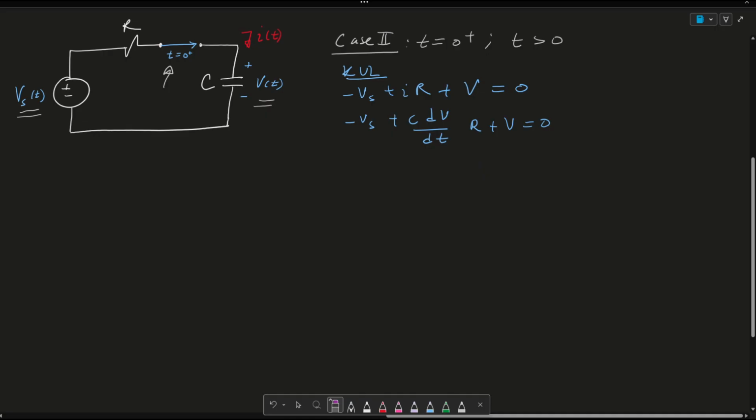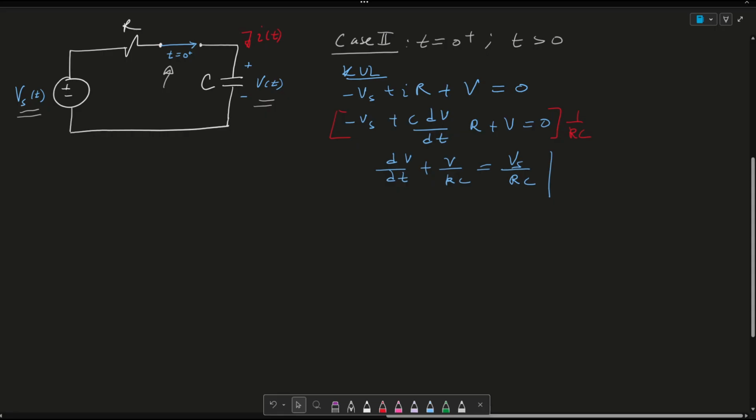Let me go ahead and multiply this entire thing by 1 over RC. So then what we get here is dV over dt plus V over RC is equal to Vs over RC.